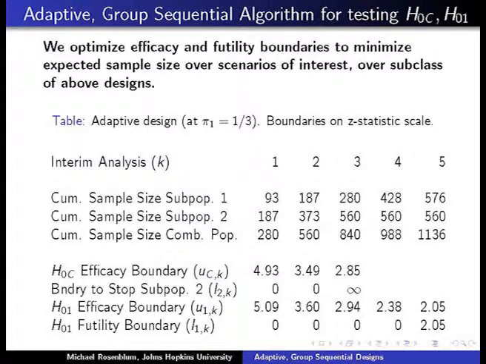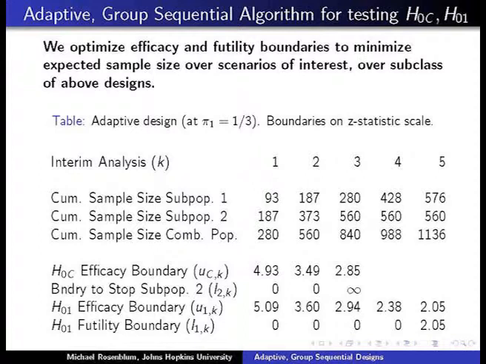And here I'll just show you what we did. A pretty intensive optimization where I had at least 20 or 30 different parallel processors going on for multiple days to basically search over many types of designs, where we optimize the sample size, optimize these thresholds. There are so many of these thresholds, there's just too many possibilities to search over the whole thing. So I did make some simplifications.